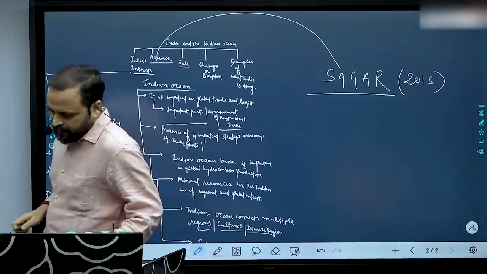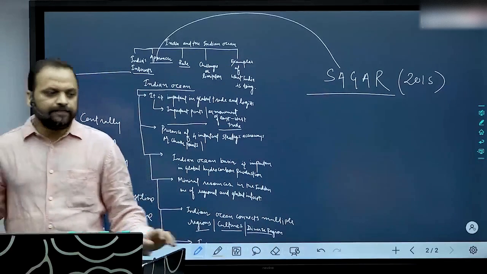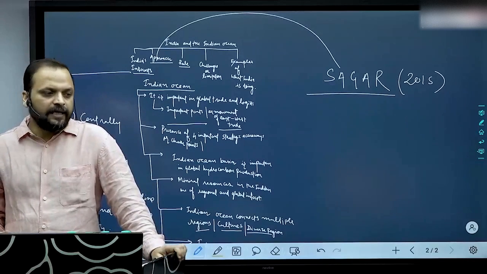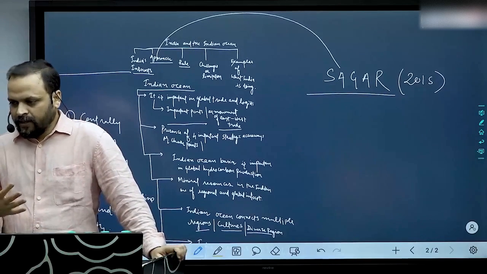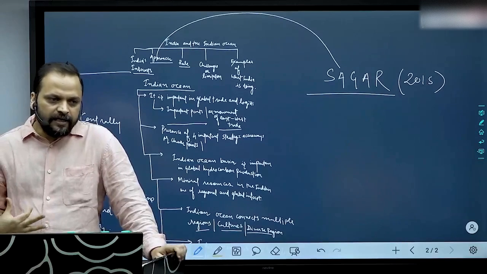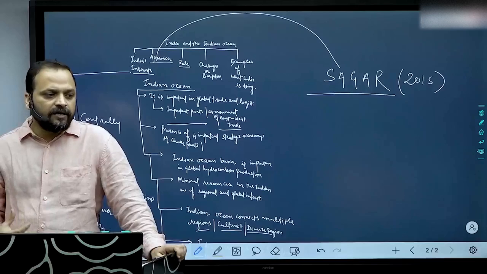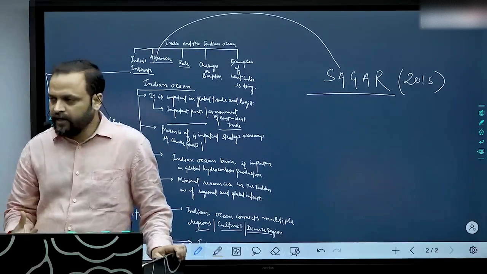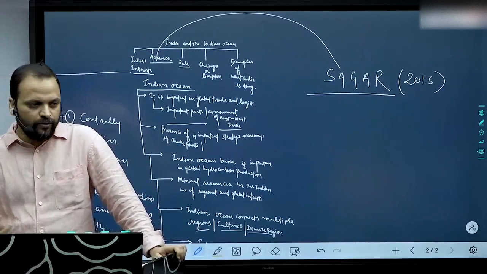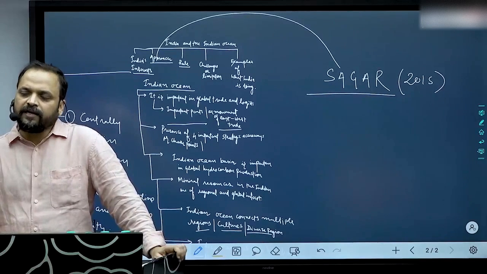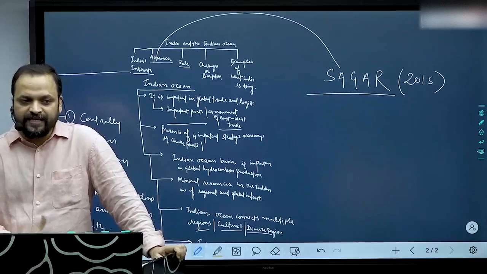Before that, in the past, in the Cold War period, India was always aware of its centrality in the Indian Ocean region. So India always advocated that the Indian Ocean remain free from any external influence. That is what India advocated in the Cold War period. And there was also an idea that the Indian Ocean be a zone of peace.